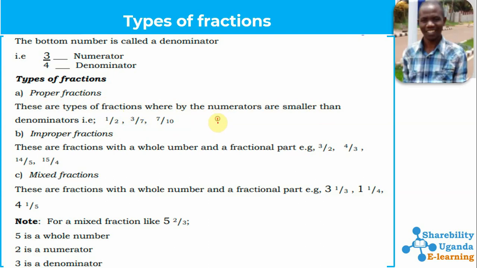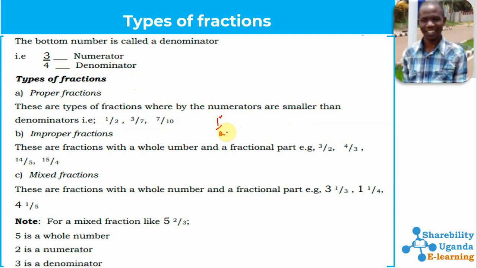So it is a type of fraction where the numerator, this part, is smaller than the denominator. According to the way we named our fraction, the number which is on the bottom is the one we call the denominator.